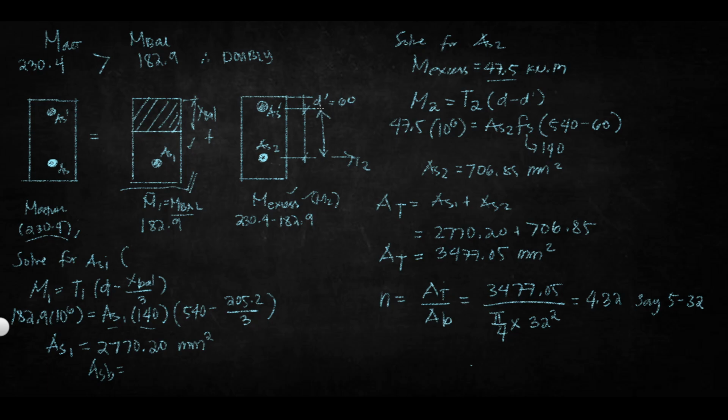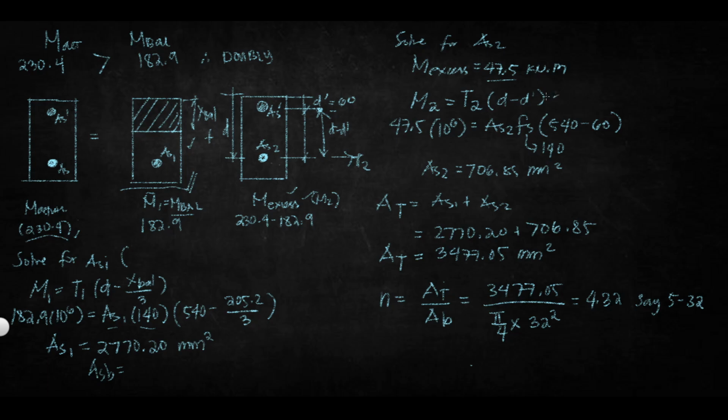Yung gusto natin, mag-moment tayo sa mismong compression steel. Then, we will have this force, which is T2 times yung moment arm. Ano yung moment arm natin? Okay, moment arm natin, as you can see, itong from here to the centroid of tension steel 2, this is your D, tama? Effective depth. So, ang kinakailangan natin dito is this height. So, that is the D minus D prime.